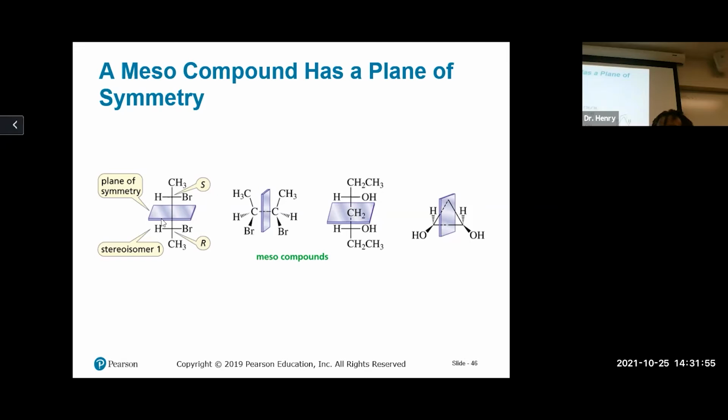You guys can take a look here. In this case, this guy has a clear plane of symmetry. And because it's symmetrical, regardless of how you turn it, you're going to end up with the same molecule, right? Make sense?